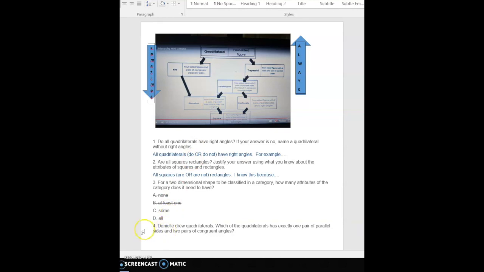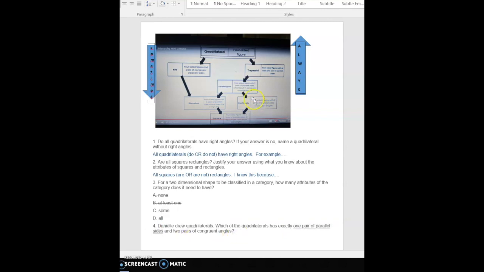And then question 4, Danielle drew quadrilaterals. Which of the quadrilaterals has exactly one pair of parallel sides and two pair of congruent angles? So you're going to look for this attribute. Exactly means it's kind of like saying only.